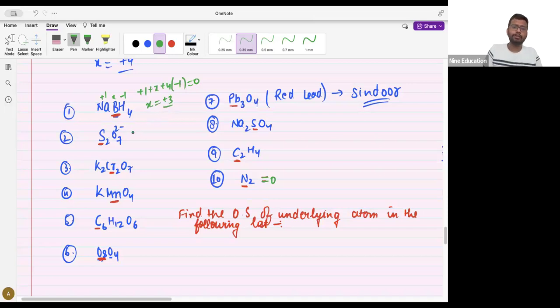Similarly, second one also. Sulfur take X, oxygen is -2. So 2 times X plus 7 times -2 for oxygen will give you the total charge, which is -2, S2O7 2 minus.